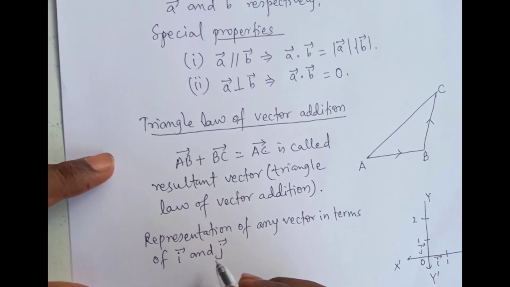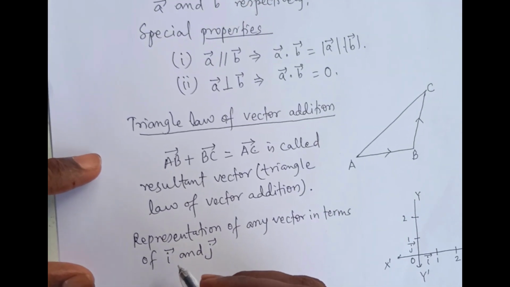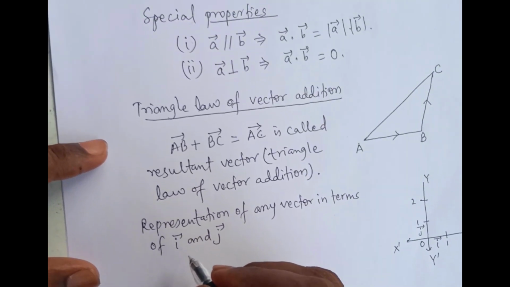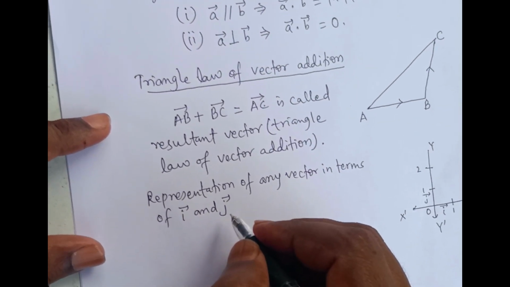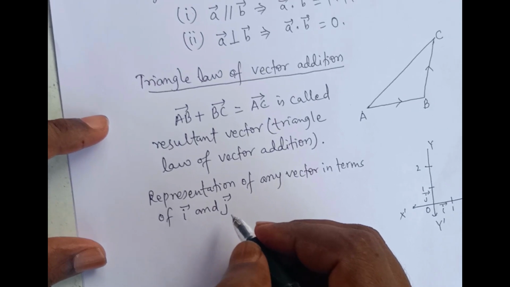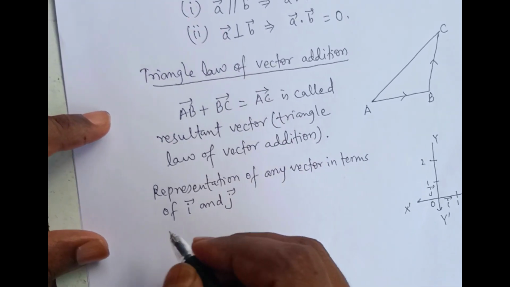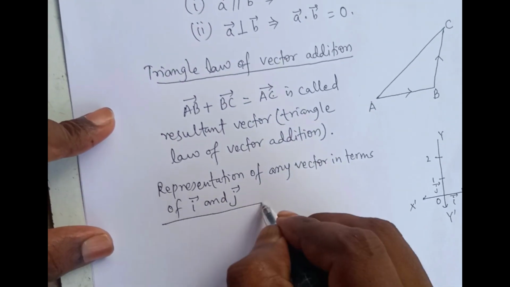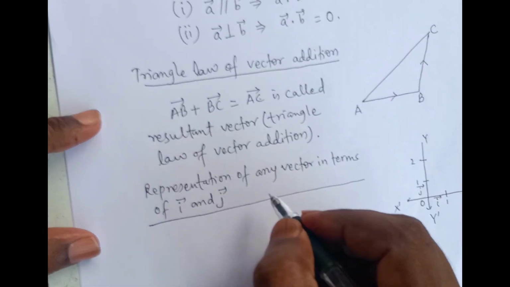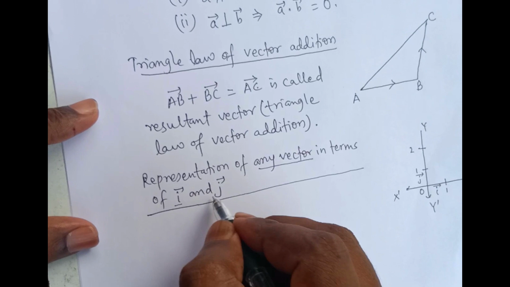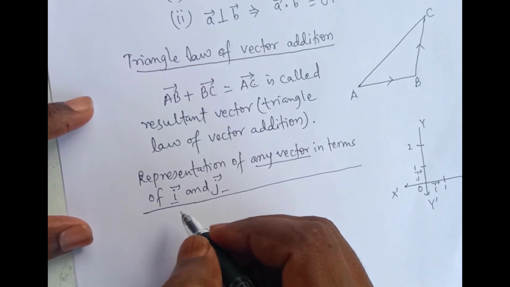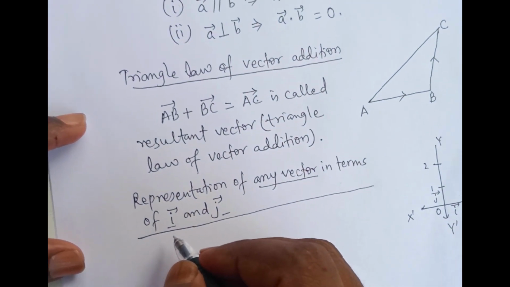What is i and j? i is a unit vector along the x-axis, and j is a unit vector along the y-axis. So here we are going to represent any vector in terms of i and j. So how we can represent it?